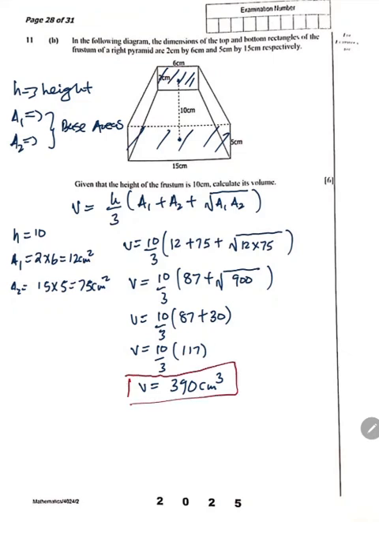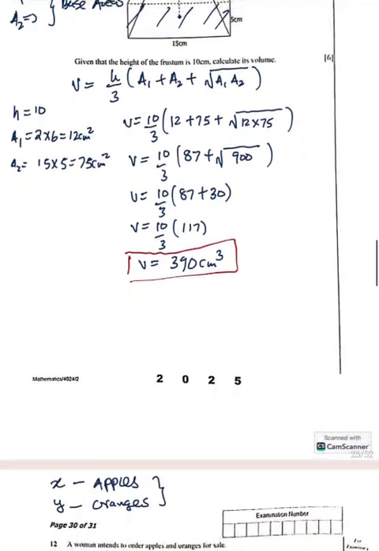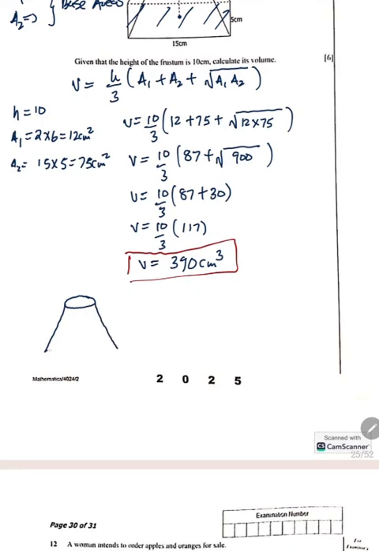Now let's suppose they gave us a frustum of a cone. How do we set up the formula? We just need to make some little changes when the frustum is a frustum of a cone. What I mean is you have this type of frustum. You can see that the bases are no longer rectangles or squares.